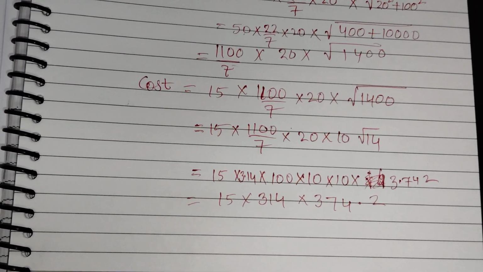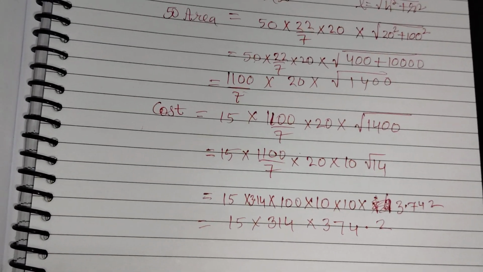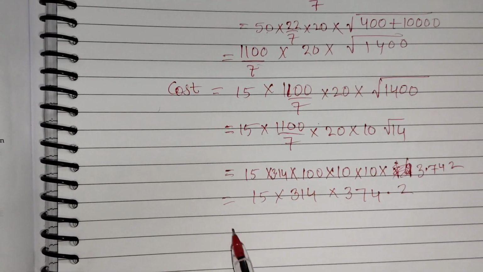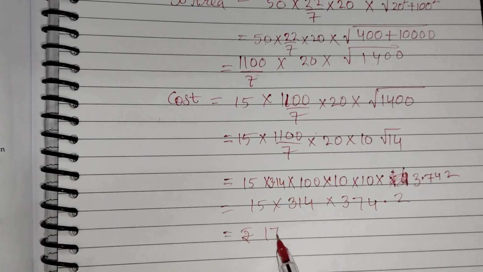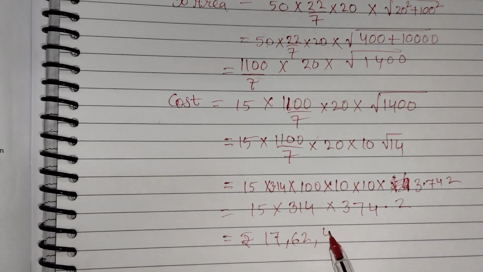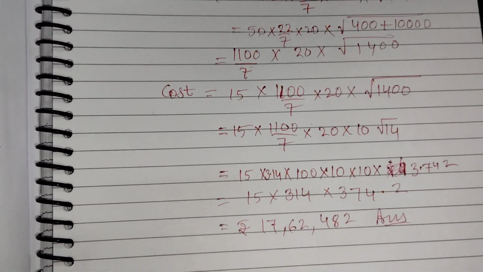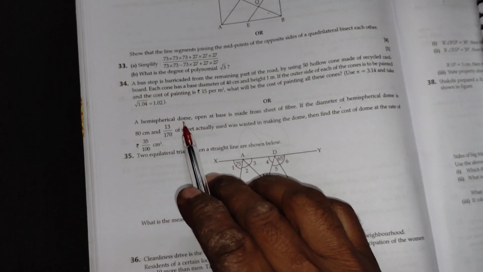So finally multiplying gives us rupees 17,62,482 is the answer.